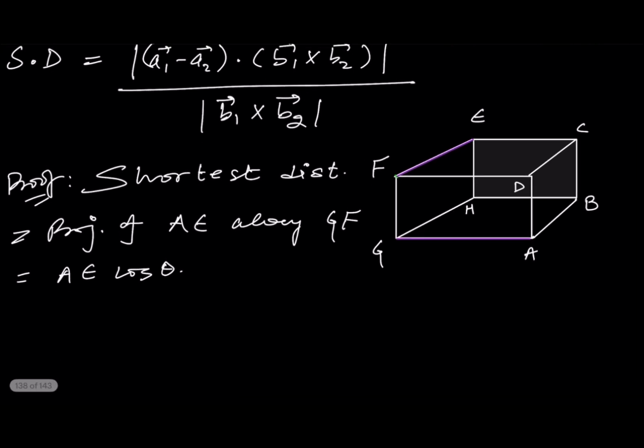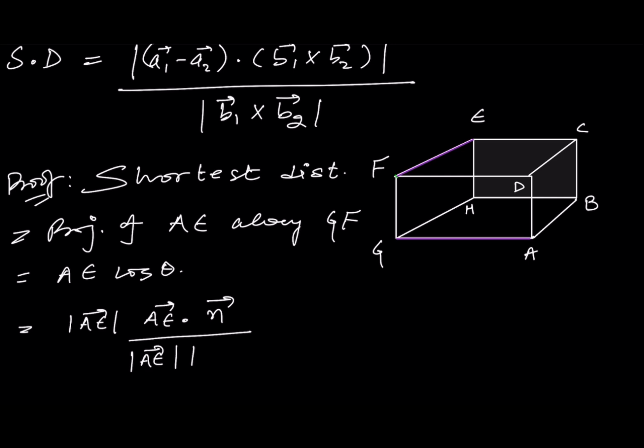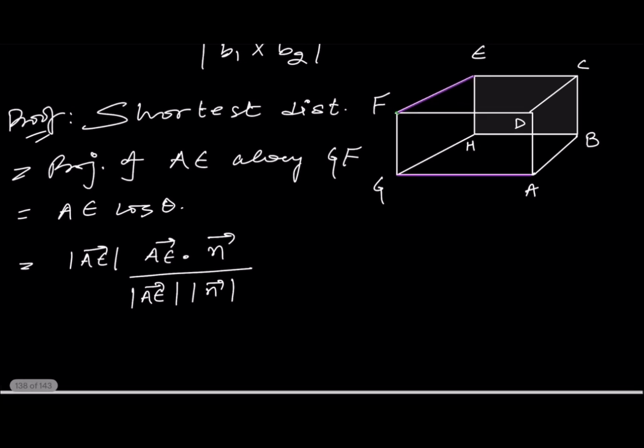So we can write AE is nothing but mod of AE vector, and cos theta is nothing but AE vector dot vector perpendicular to GA and EF. For the time being it is an n vector, by mod of AE vector into mod of n vector. Now it will become AE.